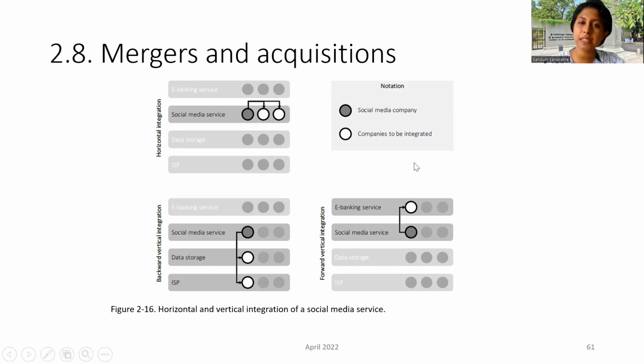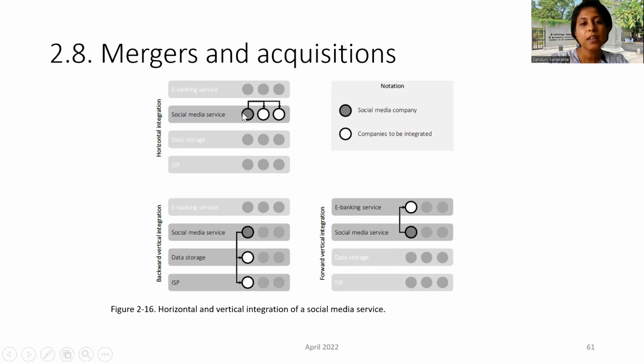Sometimes when providing these services, when engaging in certain transactions, users may have to couple up with some sort of banking service, right? So instead of getting their service separately at a fee, the social media service company may think of integrating with this kind of banking service so that an integrated service can be provided to the customer, right?